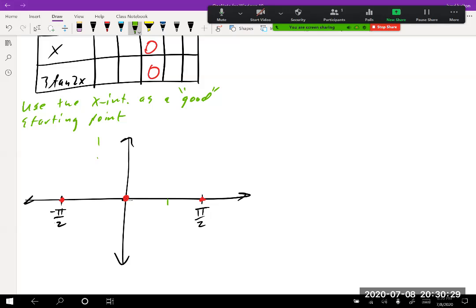Okay, so these are our asymptotes. And then there'll be another one here, and there'll be another one here, because I kind of know how the tangent function behaves, right? I've seen a few of them now.